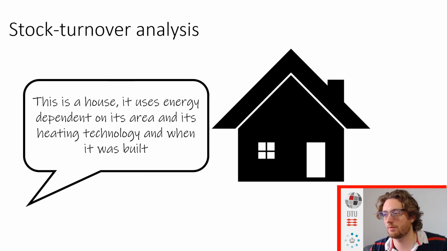Take the Japanese policy for consumer electronics, where the most efficient product on the market today has to be the minimum standard in 5 years. This is a way to do that.